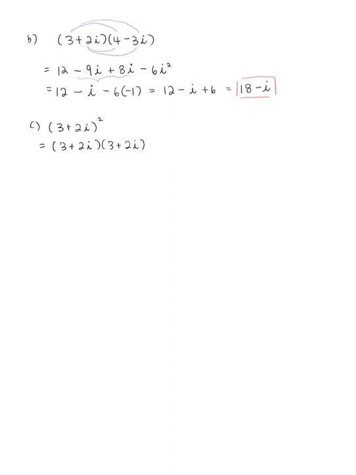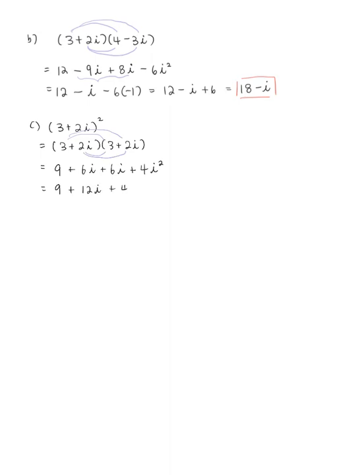Okay, now from here, we're going to be doing the same thing as part B. We're going to be foiling this. So here what we're going to get is 3 times 3, 9, and then plus 6i, plus another 6i, and then plus 4i squared.